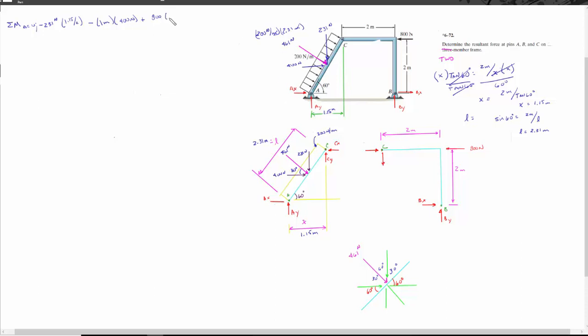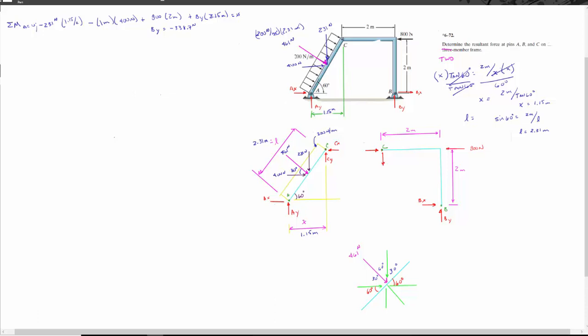That's times 2 meters. And then the last thing we're doing is we're solving for BY. BY times this distance from A to B, which is 2 plus 1.15, that distance is 3.15 meters. All of that is equal to 0. So BY, if you throw that in your calculator, comes out to be negative 338.7 newtons.